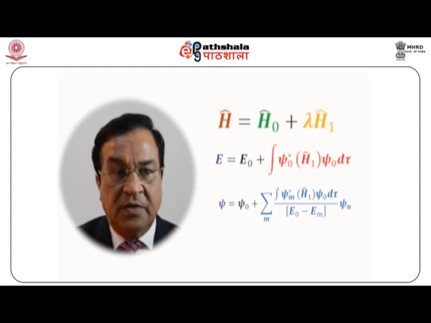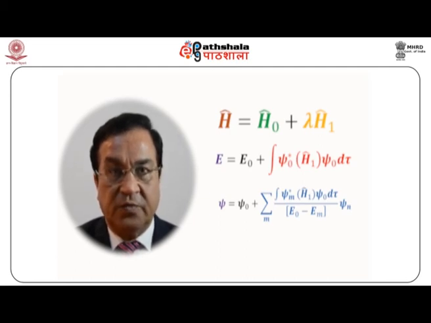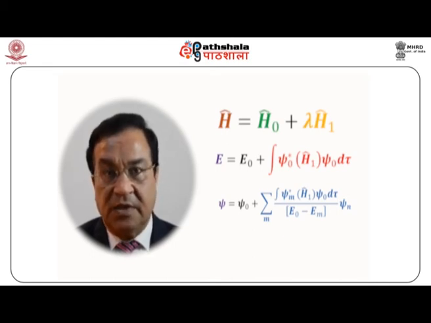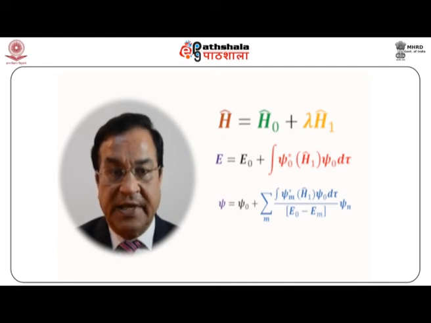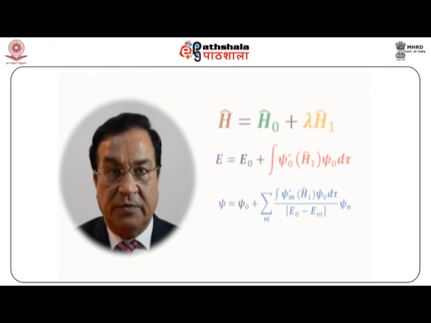Similarly, for the wave function, psi is equal to psi 0 plus summation over m, in the numerator the integral of psi m star H1 cap psi 0 d tau times psi n, divided by E0 minus Em in the denominator, and this second term represents the first order correction to the wave function.